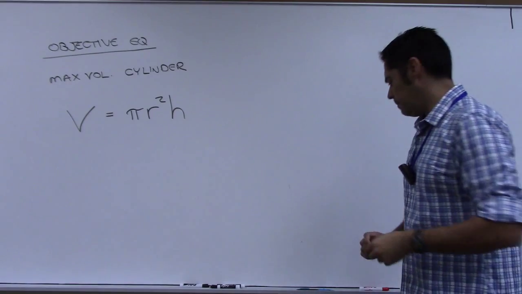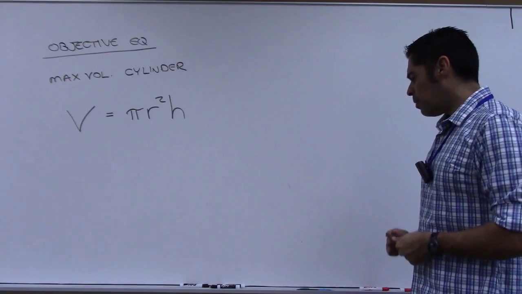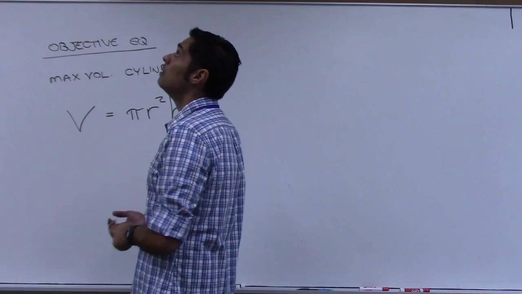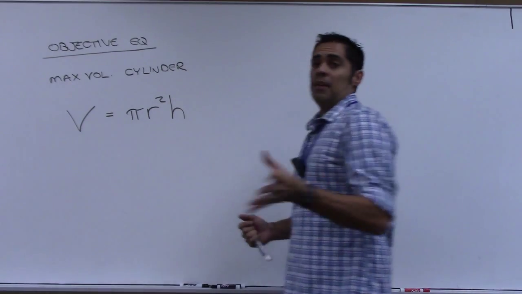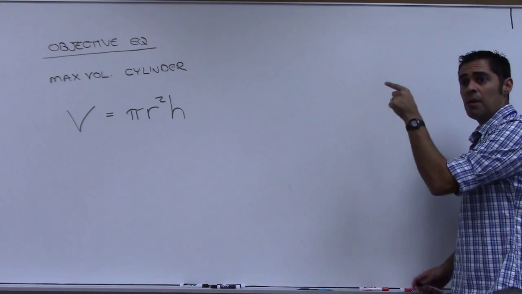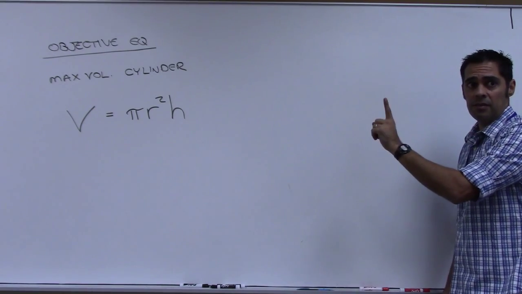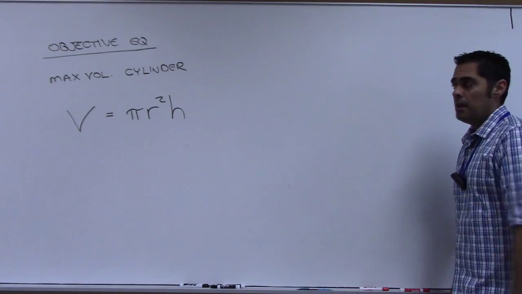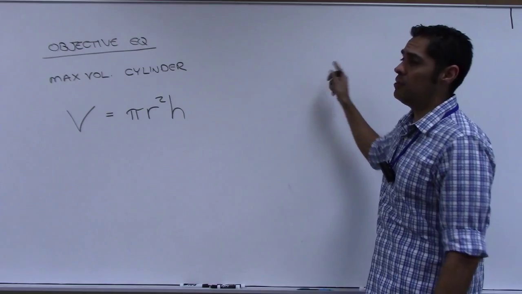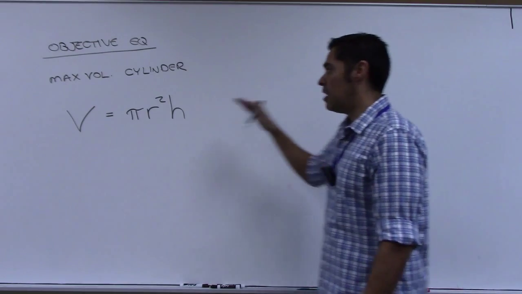Hold on. In this problem, do you know how I said that the sphere had a radius of r? That's fixed, right? I don't want us to confuse it with this radius, because this is the radius of the cylinder. Two different things, right? And in the book, they don't tell you that. So we need to either change the r that's fixed to some other letter, or we need to change this to a different letter.